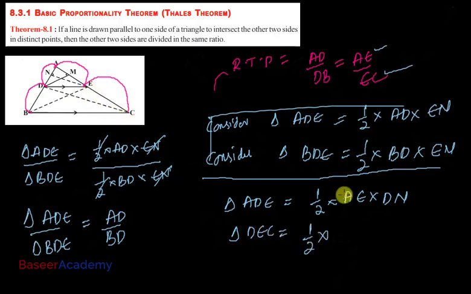Base is EC itself, and EC is again part of this bigger side AC. For this side AC, what is the perpendicular height? It is DM. So base is EC here, and the height is DM. Sorry, my bad. It is DM.